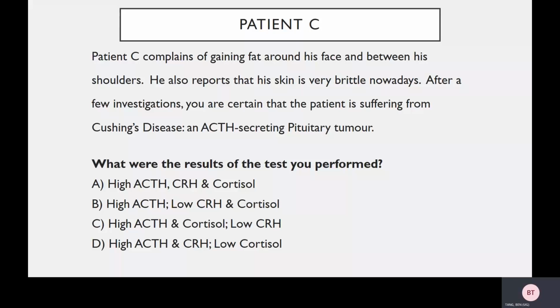As an example of overthinking, surely there could also be an issue with the hypothalamus, but in this case, they're trying to ask you to make a decision based on the information they give you, right? So, say everything else is working fine in that cycle, ACTH is overproduced, causing a high level of cortisol, which then has a negative feedback on your hypothalamus, which should result in low corticotropin releasing hormone. Hence, the answer is C.